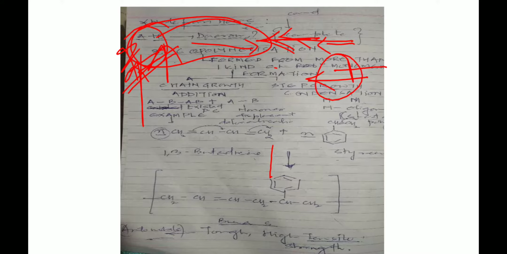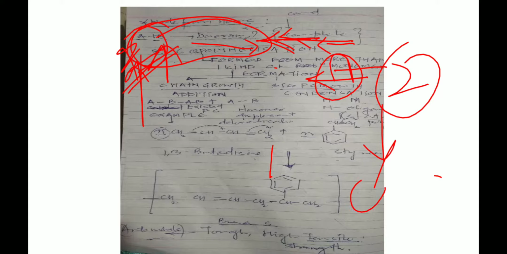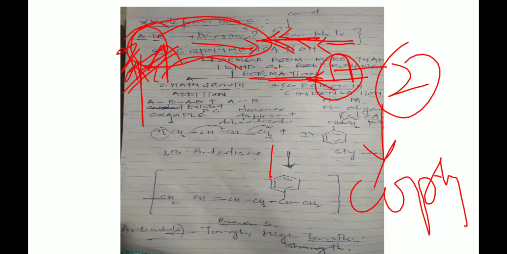When one monomer combines with another monomer, it forms the copolymer. It can be formed by two methods: chain growth addition and step growth addition.